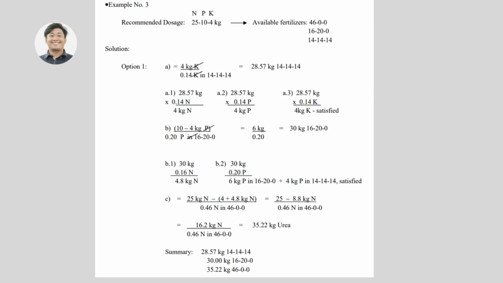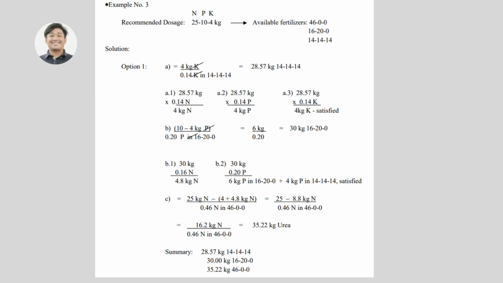So here we're going to solve the complete fertilizer. The problem has the recommended dosage of NPK of 25, 10, and 4 kilograms. The available fertilizer of urea is 46, and we have the ammonium phosphate 1620, and a complete fertilizer which is 14-14-14.